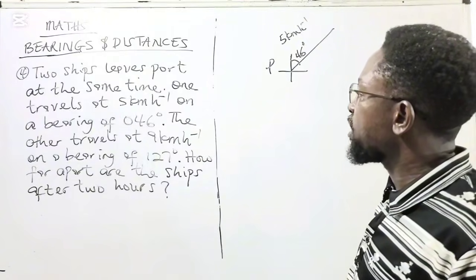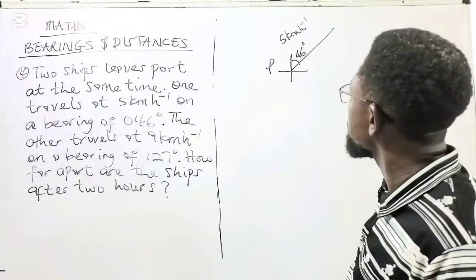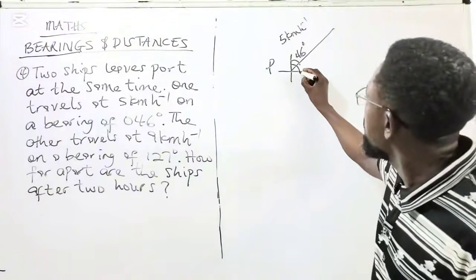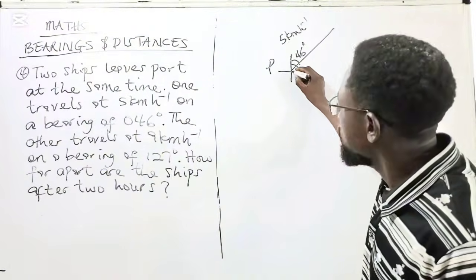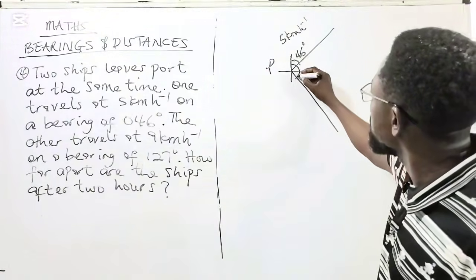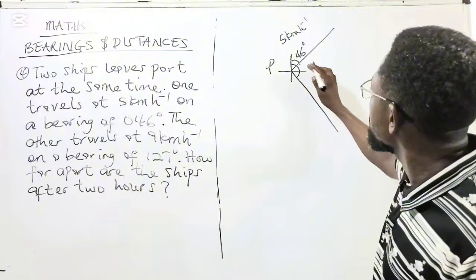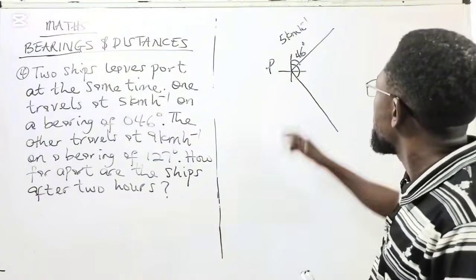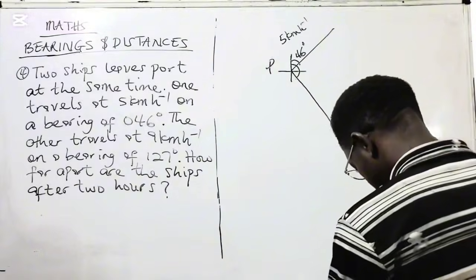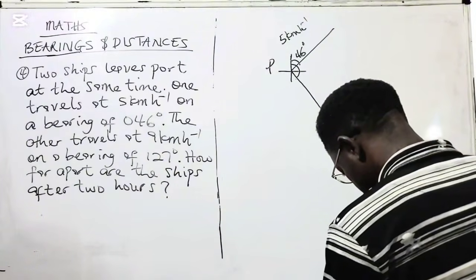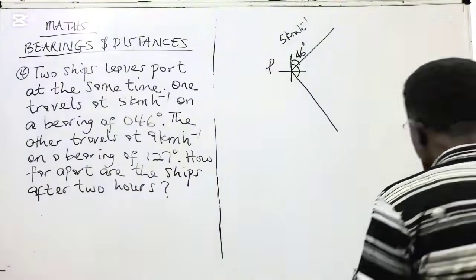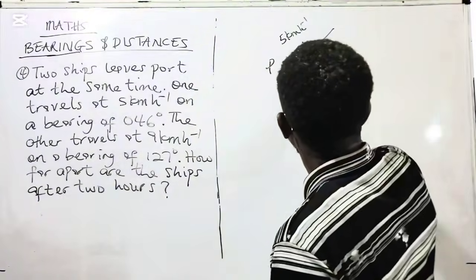The other travels at 9 kilometers per hour on a bearing of 127. We leave from the same point, so start from here again. There's 90. I'll cut across that point a little to get my 127. So that's 127 from here to this point. Remember, here is already 46, so here is going to be 81.